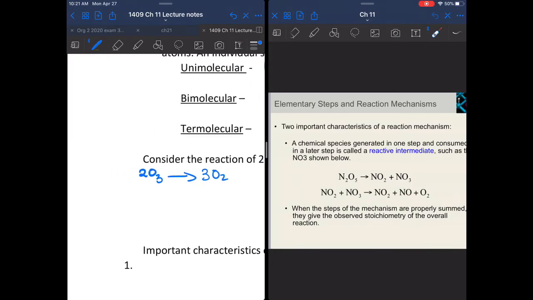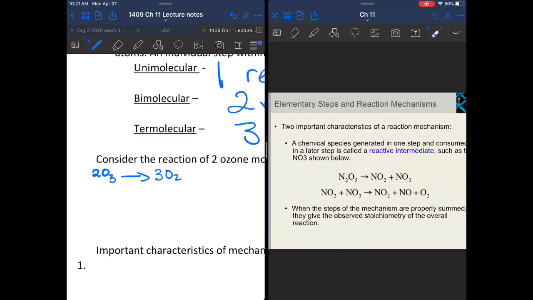So this reaction only takes place in the presence of a chlorine radical. And this is a 2-step mechanism. In step 1, a chlorine radical reacts with O3 and gives us ClO radical and O2.